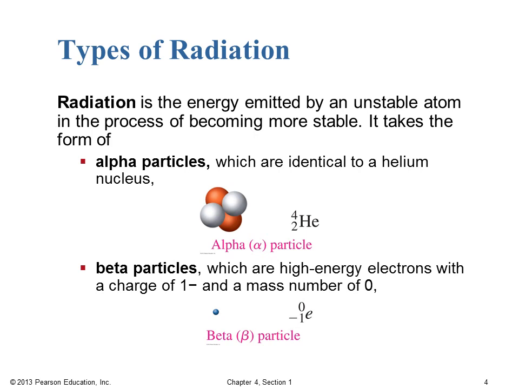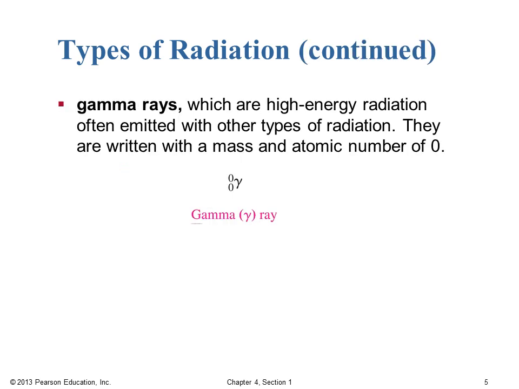Beta particles are basically high energy electrons. Since it's an electron, it has a negative charge. Since it's only an electron, it does not have a mass number. There are no protons and no neutrons. So it has a mass number of 0, but a charge of -1. And then lastly, we have gamma rays.